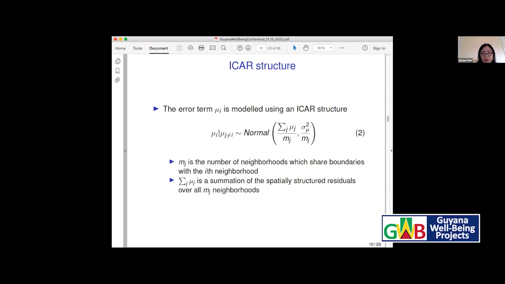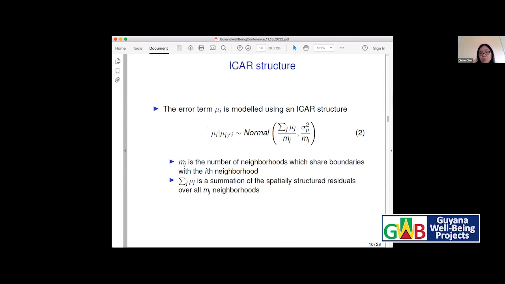Basically, for the residual effect of a neighborhood, we assume it follows a normal distribution. The mean of this distribution is the average of the rate effects of all the surrounding neighborhoods.